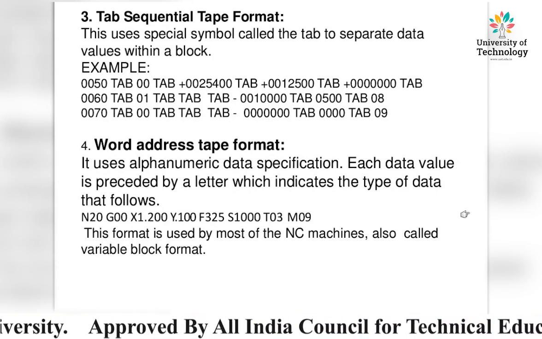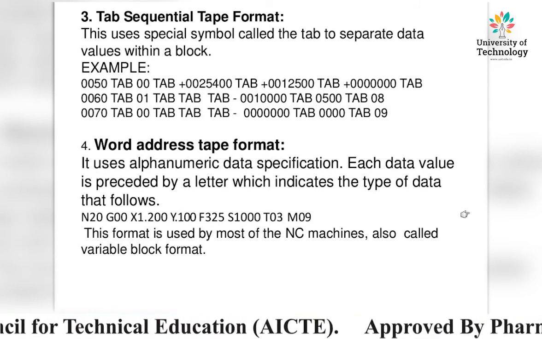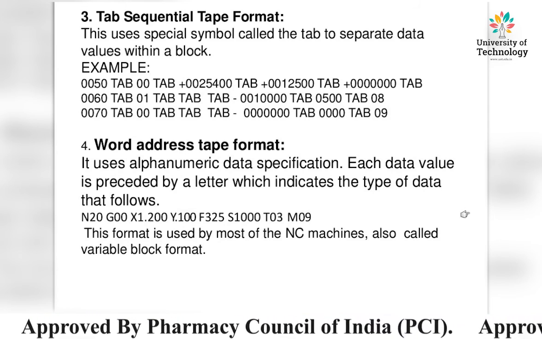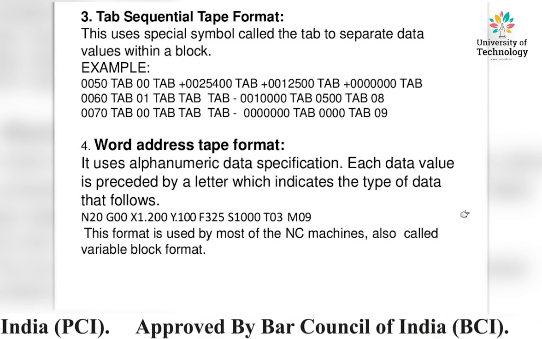In the word address format, alphanumeric data specification is used. Each data value is preceded by a letter which indicates the type of data that follows.